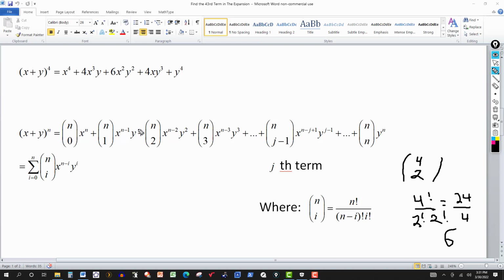And notice here also that the power on the y is 1 here and it's 1 over here in this formula. On this one here it's 2, it's 2 there, it's 3 there, it's 3 there. That's the way it goes. And these powers always have to add up to whatever the power is in the binomial. There's a 4 there, over here in this one, 3 and 1 is 4, 2 and 2 is 4, and so on.